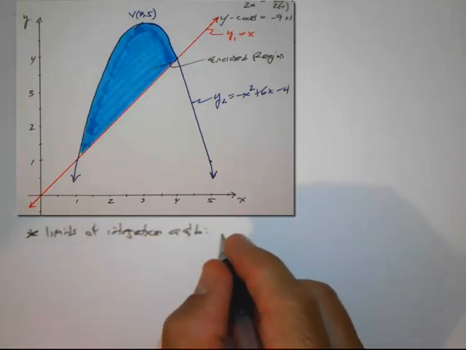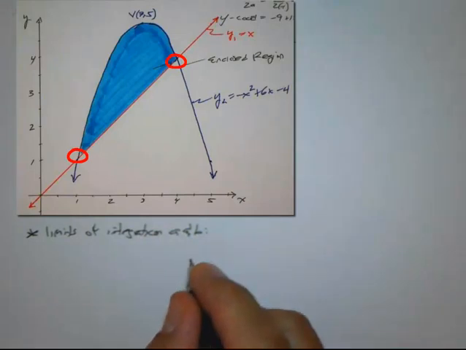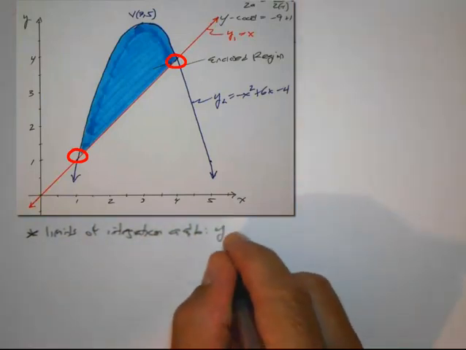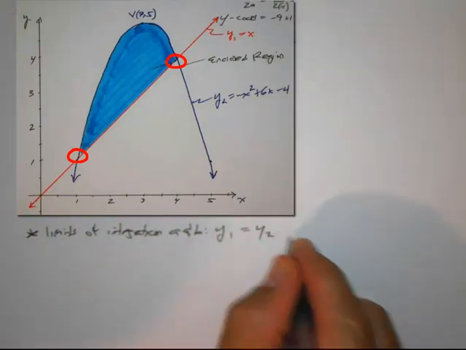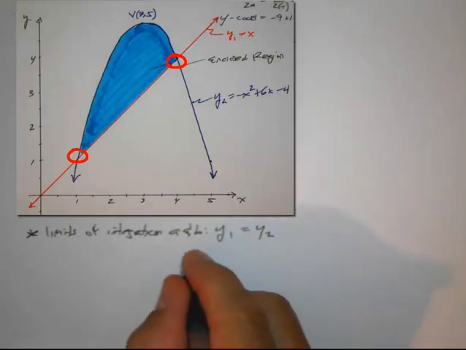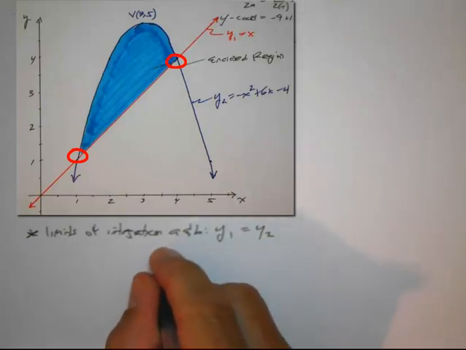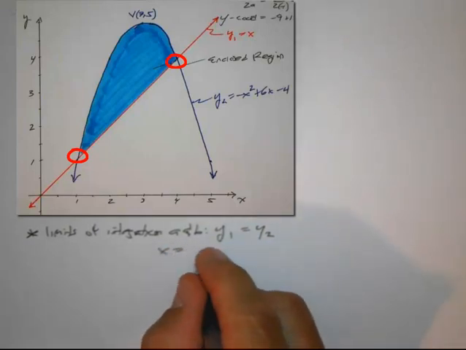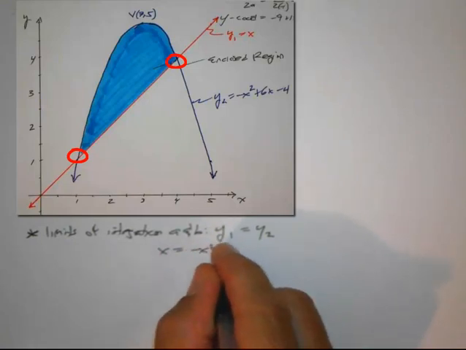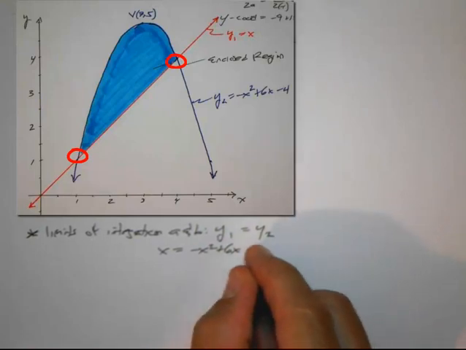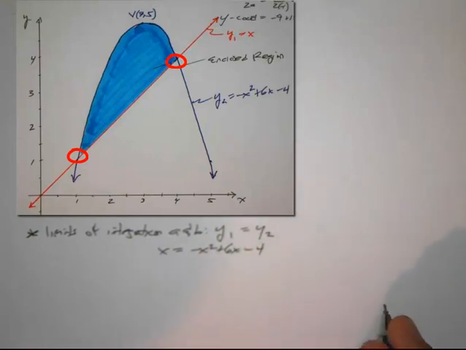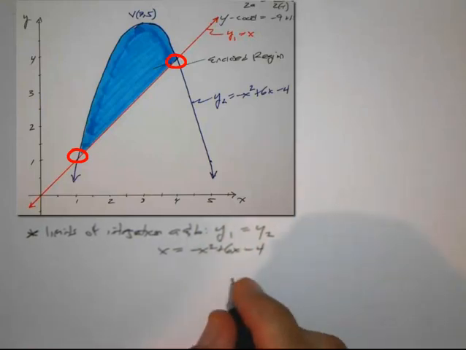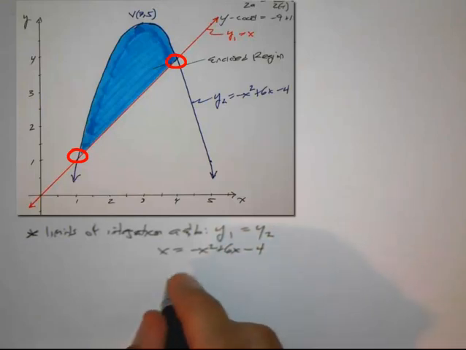Alright, well, at those points, it looks like we know we have y sub 1 equals y sub 2, and that means that we've got x equal to negative x squared plus 6x minus 4. Okay, I guess we could set this equal to 0. Looks like we have a quadratic equation heading our way.